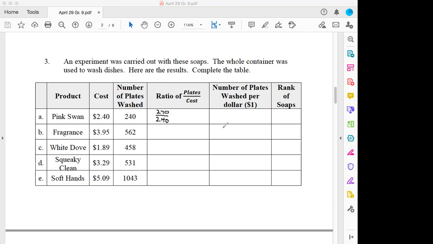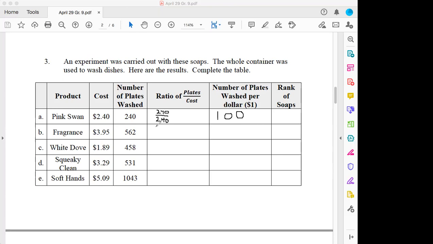So if you divide your ratio, 240 divided by 2.40, it's going to give you the amount here. If you put that into the calculator, you get 100. So we can wash 100 plates for $1 using this soap.